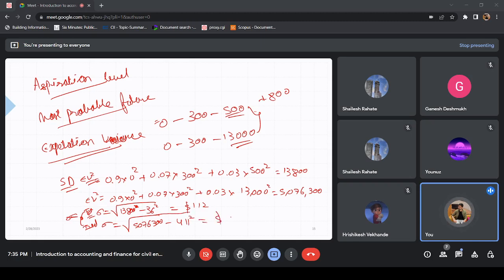That comes out to be 2215. So you can see that this value is quite low. So variance is quite low in the first case when you buy insurance. So can you see that now you have quantified the risk that we were talking about?